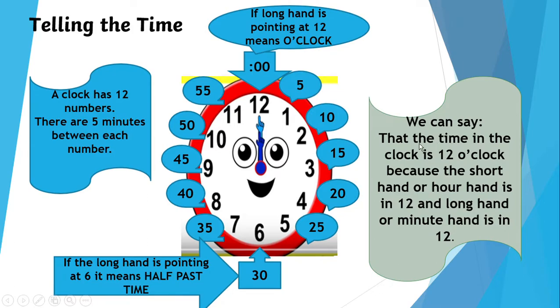That is, we can say that the time in this clock is 12 o'clock because the short hand and the long hand are pointing towards number 12. If the long hand points towards number 6, we call it half past time, or this hour with 30 minutes.